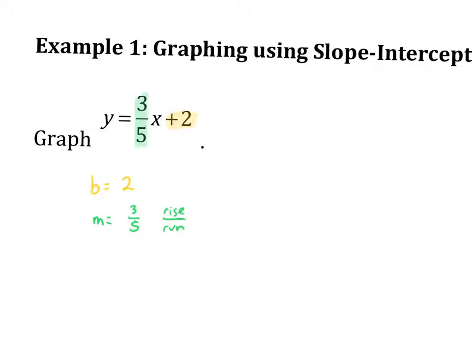So I can go up 3 and then right 5, but alternatively, I can go down 3 and left 5. Why is that the case? Because negative 3 divided by negative 5, the double negative, becomes positive. So we can interpret both of them being negative or both being positive.